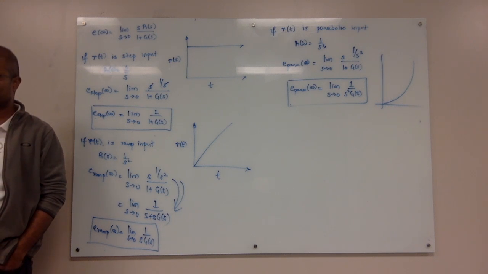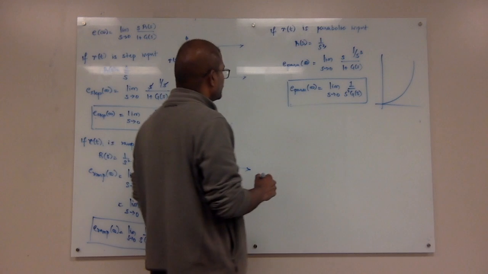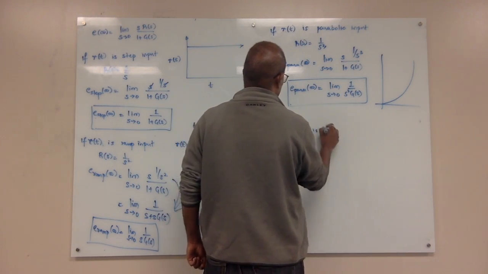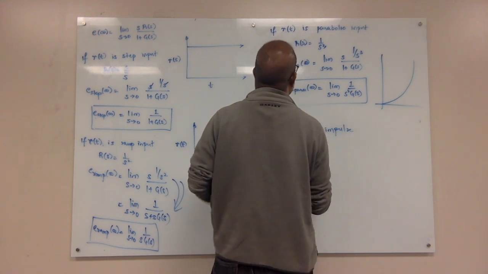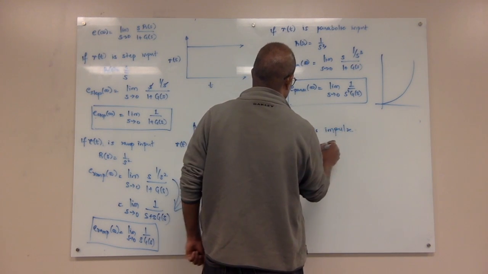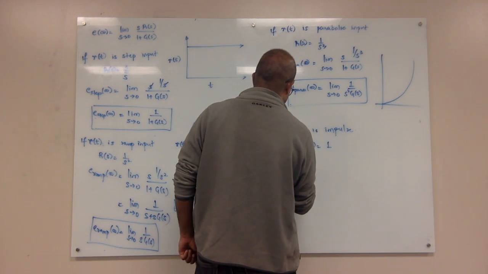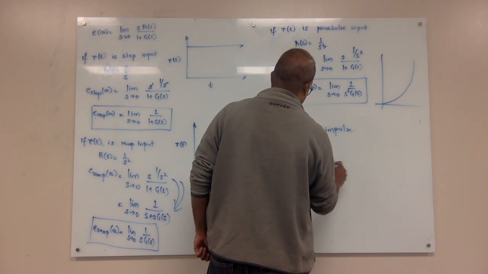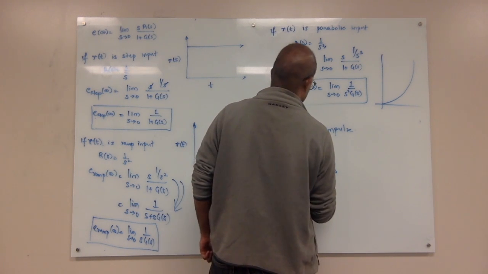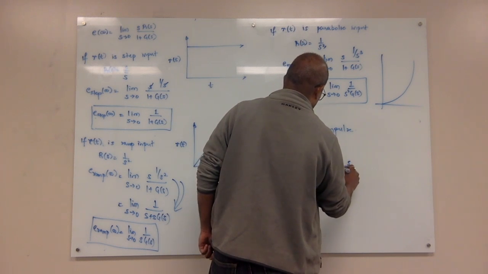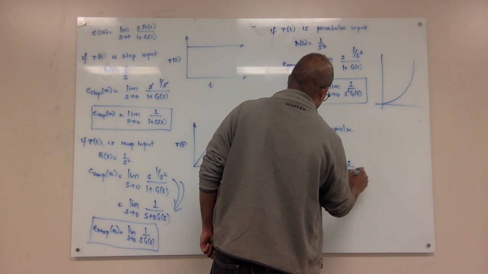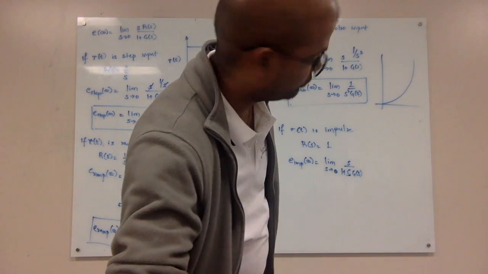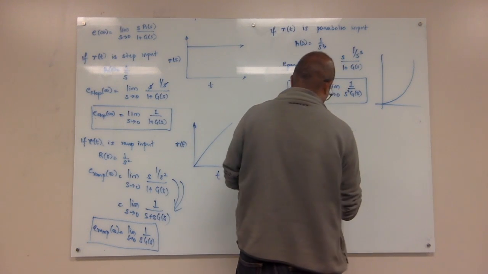Don't we need to see impulse? Impulse. Okay, R of s is 1. Then E impulse is the limit as s tends to 0 of s over 1 plus G of s.